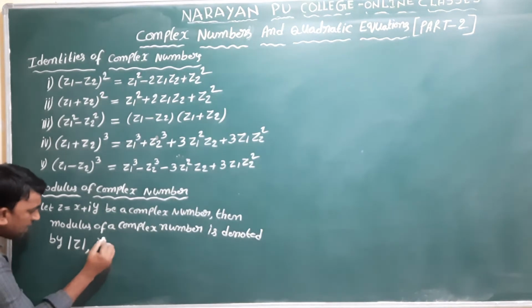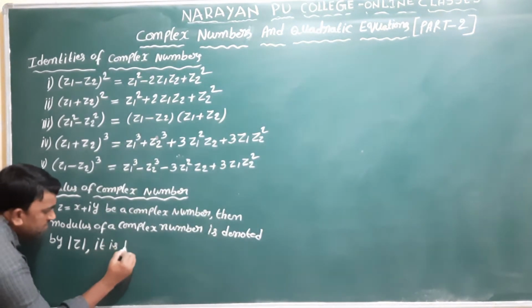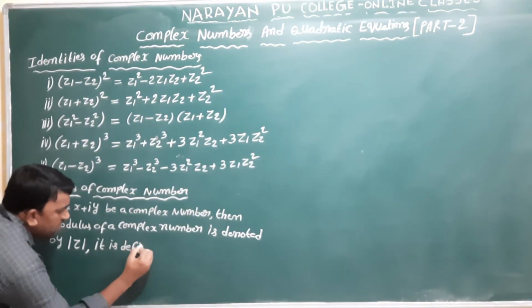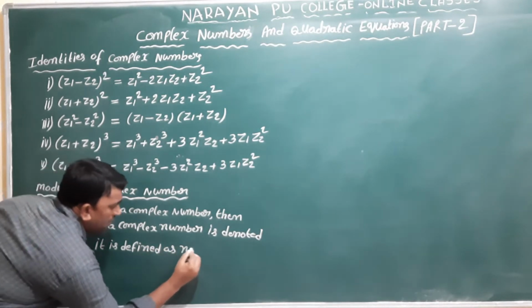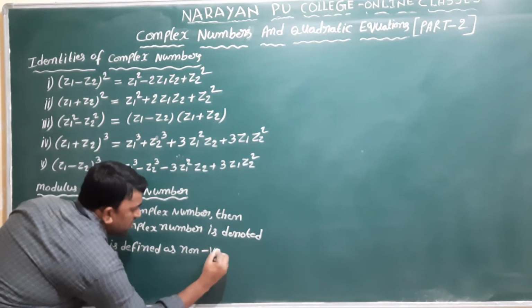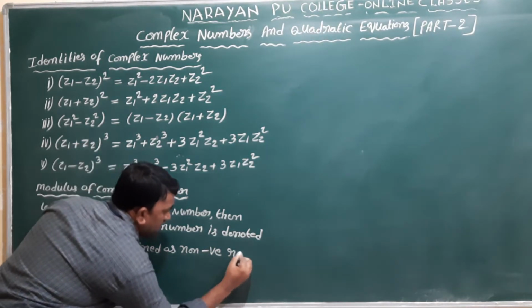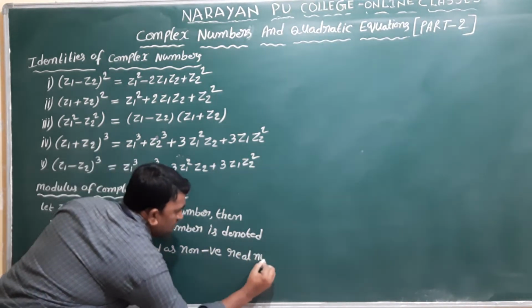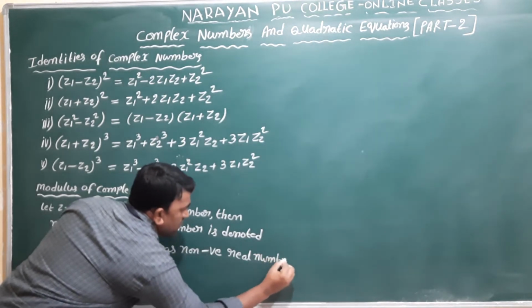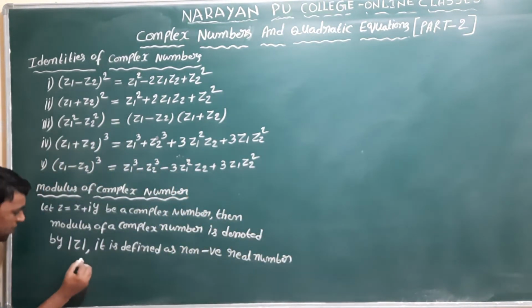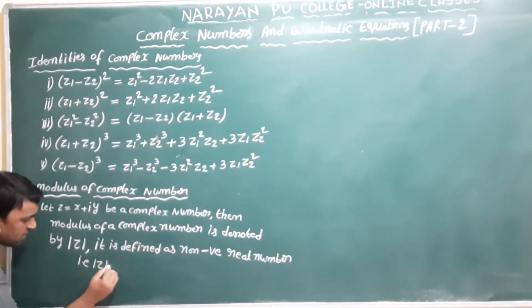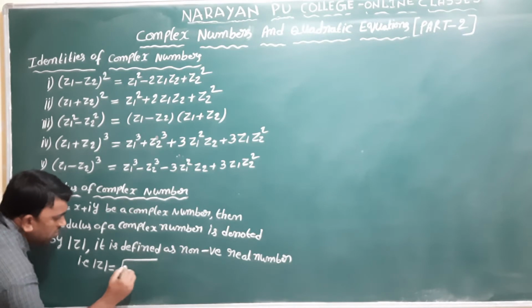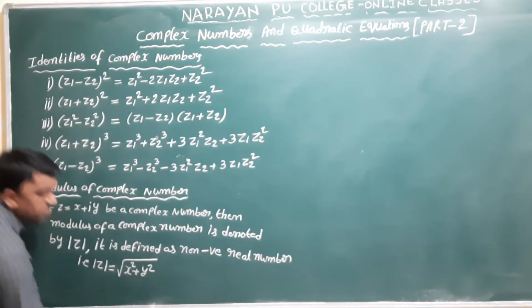It is defined as non-negative real number. So clearly we can say that is modulus z equal to square root over x square plus y square.